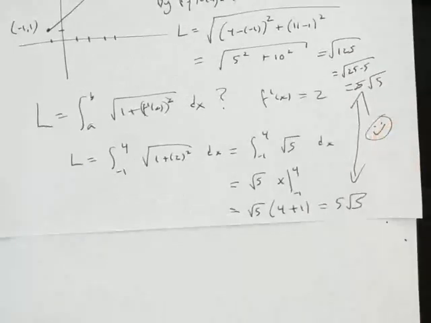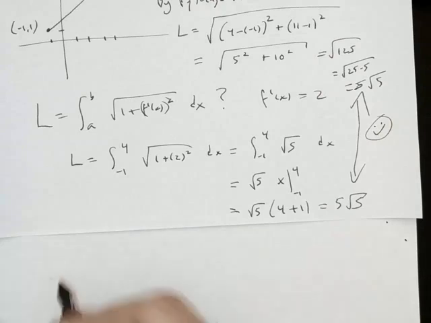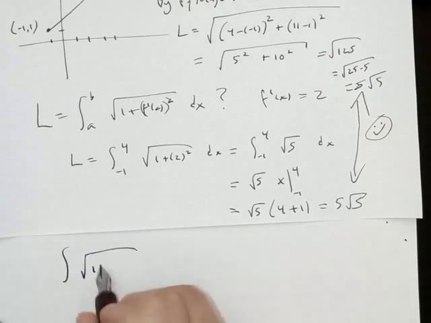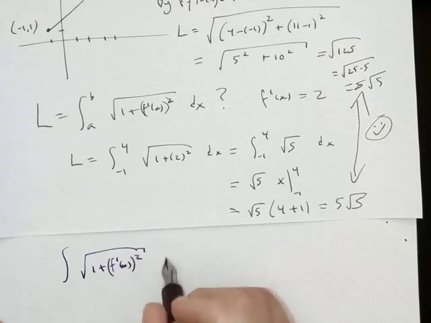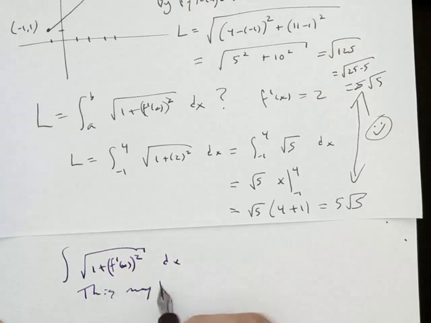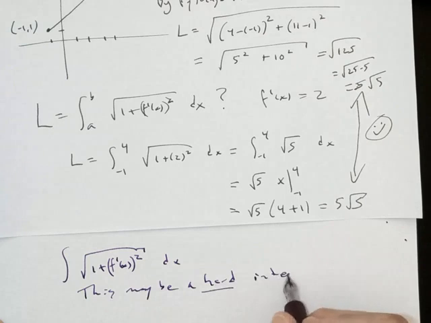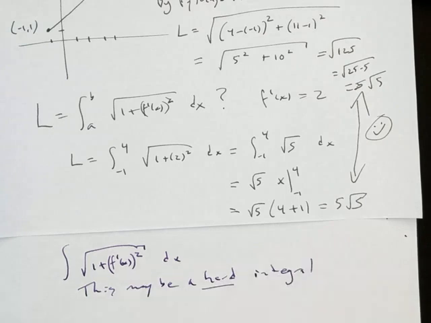The problem is that there's a square root in there, and that means when I go to do this integral, the antiderivative may turn out to suck.